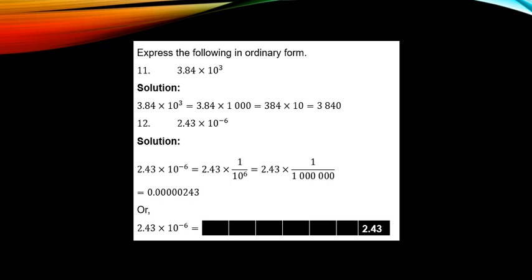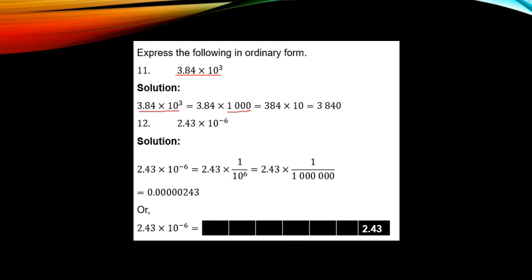Express the following in ordinary form. So we want to reverse the operation now. This is standard form, then express in ordinary form. For us to express it, we just reverse the base 10 and its power to an ordinary number and multiply. So 10 power 3 simply means 1000.